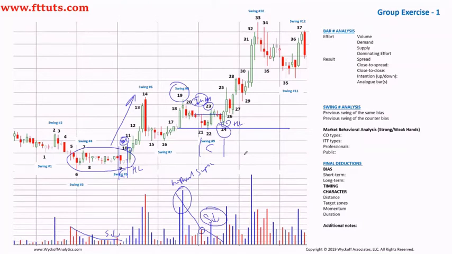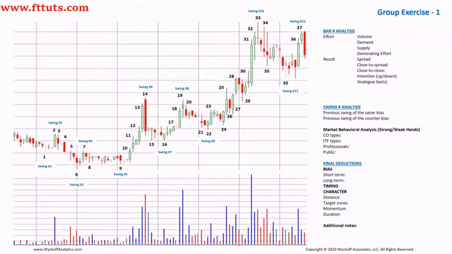Should be bigger. Yeah, should be bigger, right? Because first of all, causality here is much more than what we've seen in this area right here. Secondly, it seems that there is some institutional accumulation that we've seen on the way up.